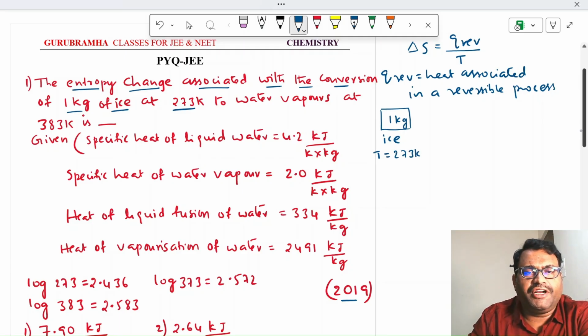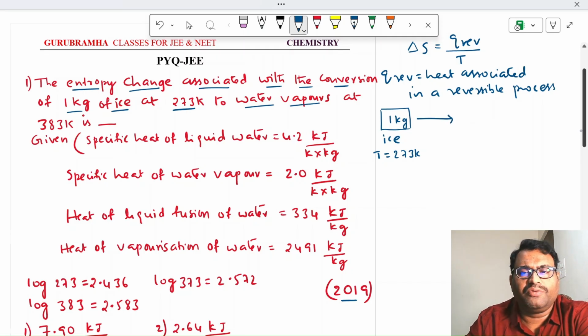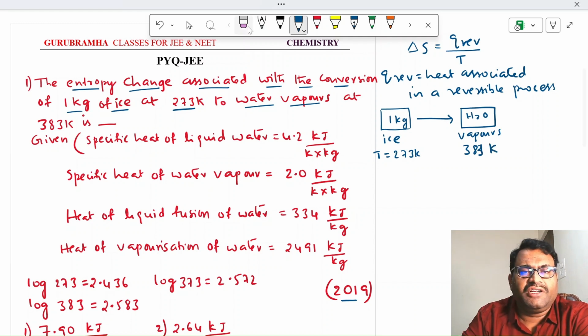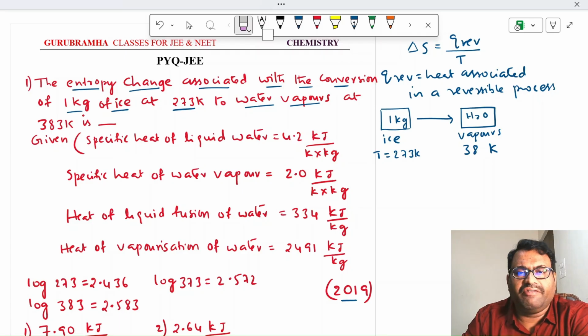It is converted to water vapor at 383 Kelvin.